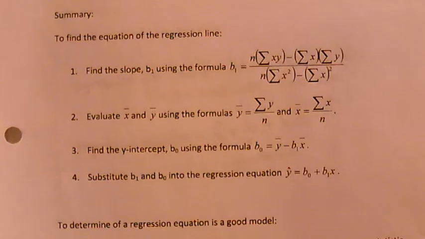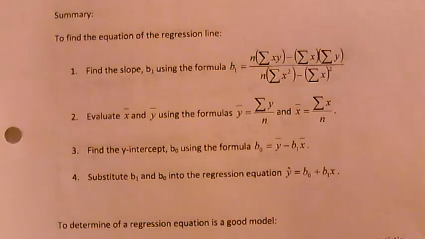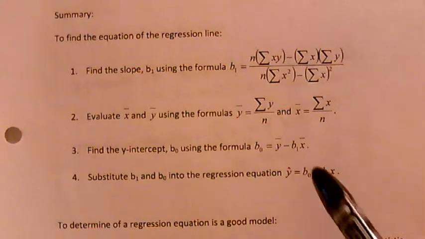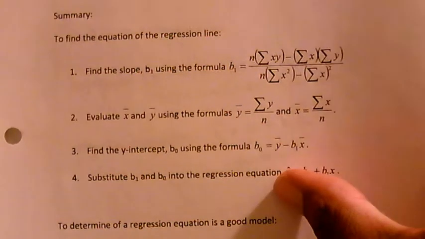That's the mean of x and the mean of y, and then use those values and b1 to come up with b sub 0, and then substitute b sub 0 and b sub 1 into this standard form of the regression equation.